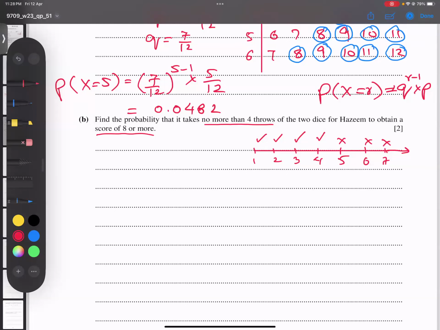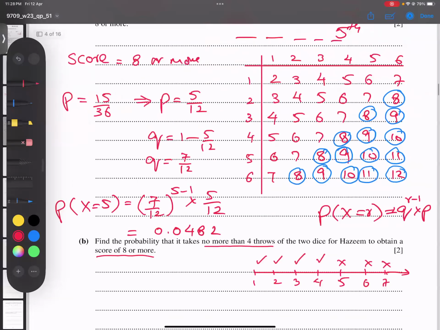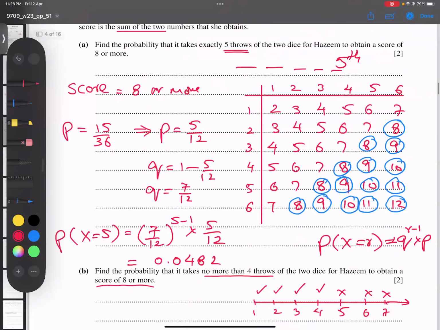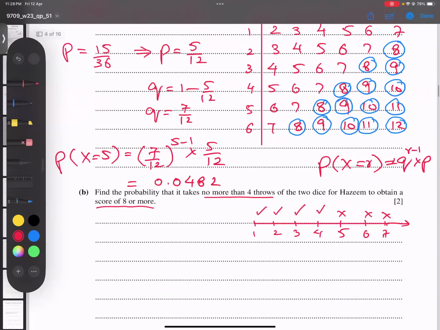Now, if you look carefully, how can we get our answer? What is the technique here? Okay, this is clear. So no more than 4, he's saying here.